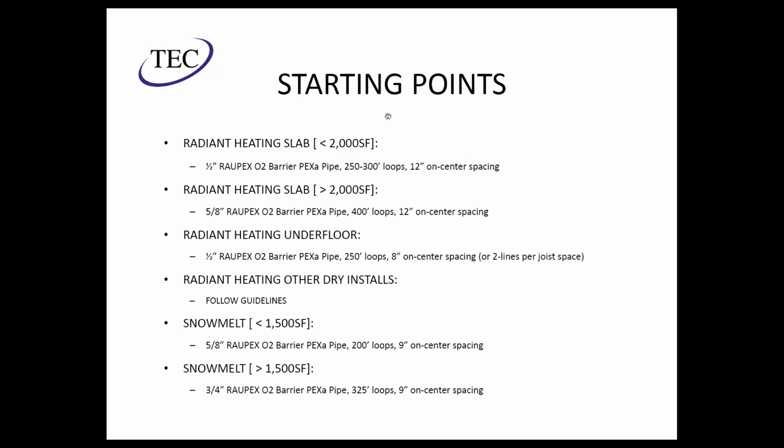So I should revise that: any individual zone above 2,000 square feet should definitely be looking at a larger pipe size. Any zone under 2,000 square feet is basically 7 circuits at 300-foot length. So going any higher than that, you would either want to do a second manifold in the same area, or switch to 5/8 inch or another larger PEX size.